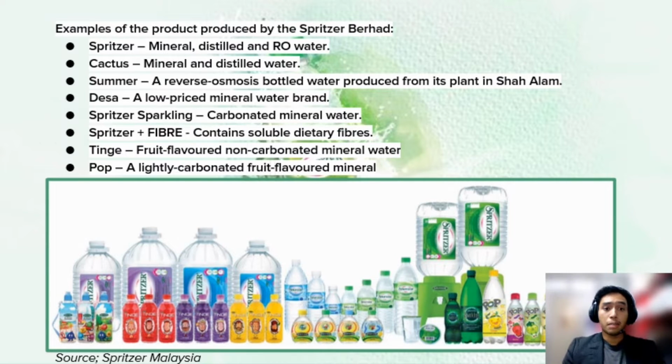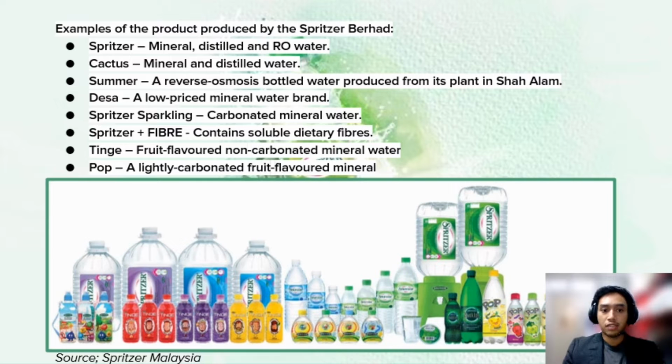Here are examples of the products produced by Spritzer Berhad. First, we have Spritzer, which is mineral, distilled, and RO water. We have Cactus, mineral and distilled water. We have Summer, a reverse osmosis bottle produced from its plant in Shah Alam. Next, Dacer, a low-price mineral water brand. And then Spritzer Sparkling, which is carbonated mineral water.